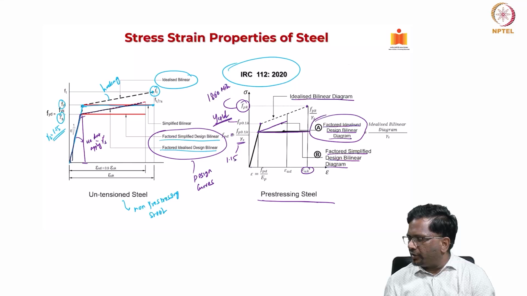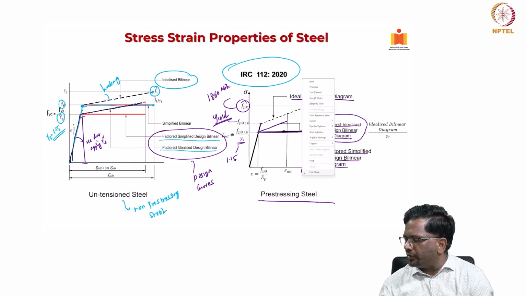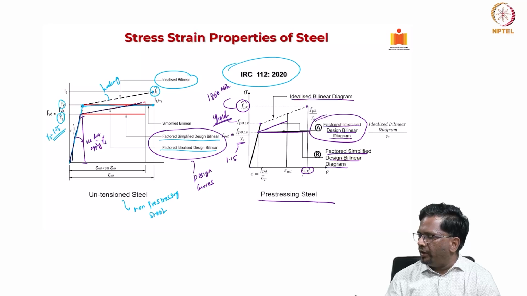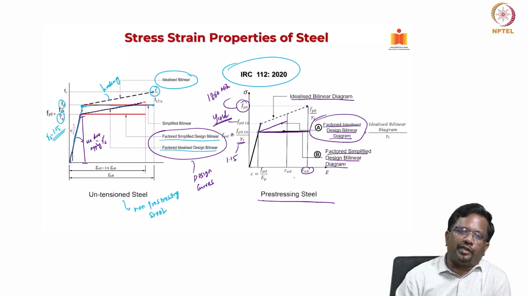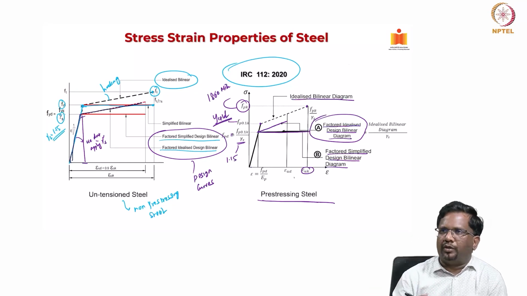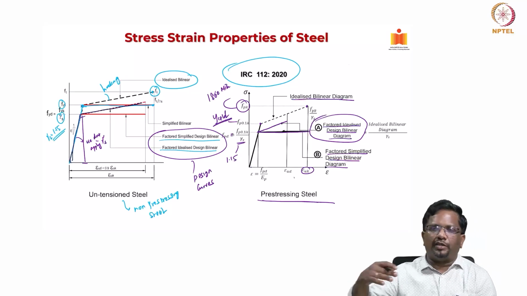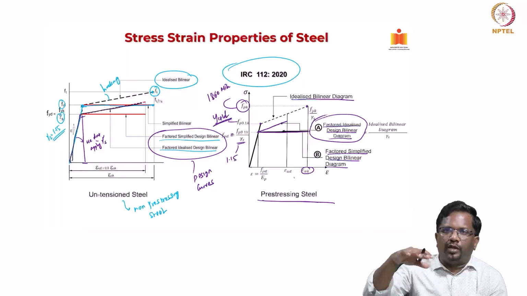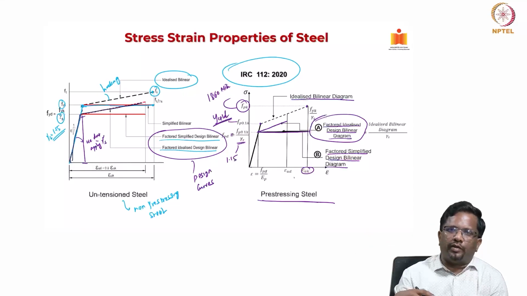Now when you go to the design curve, epsilon UK also has to be knocked down by some factor which is typically taken as 0.9. So epsilon UD is nothing but 0.9 times epsilon UK, that we will see in the next slide. So the actual curve is idealized by a bilinear straight and hardening portion that is being divided by the partial safety factor to get two curves.